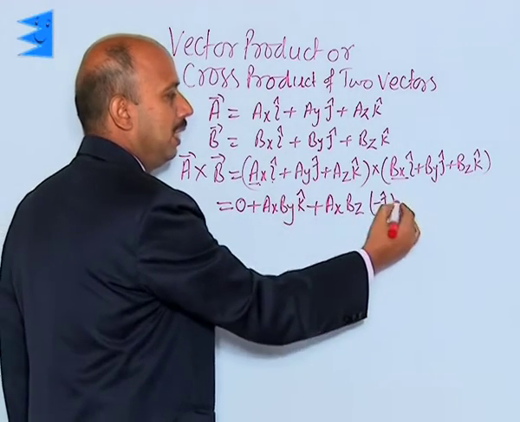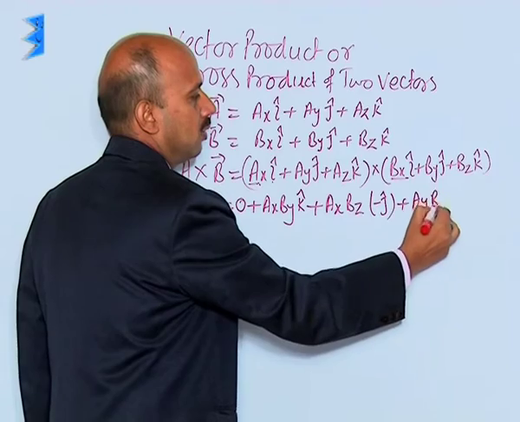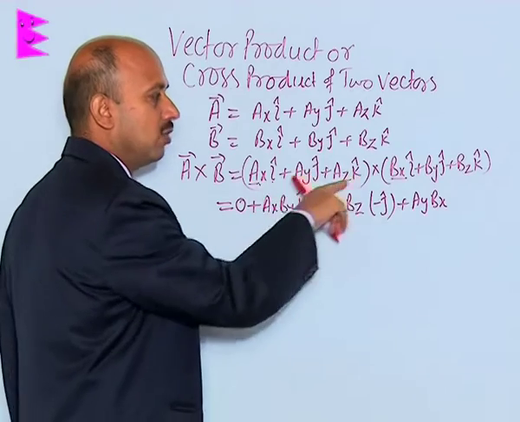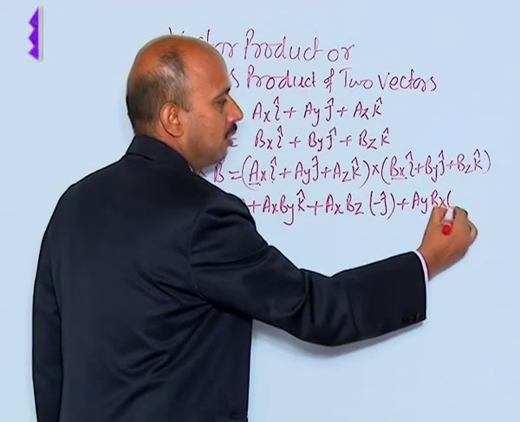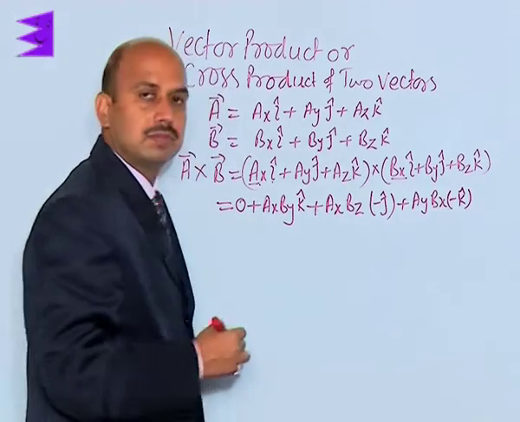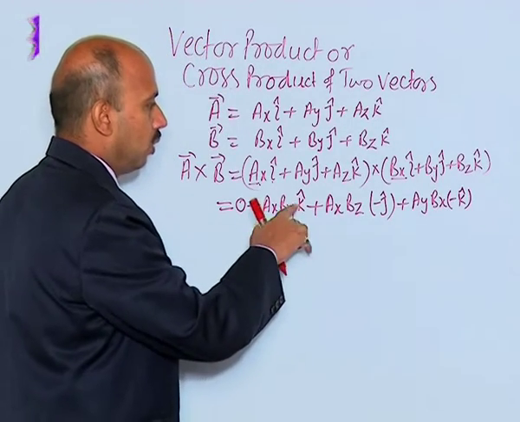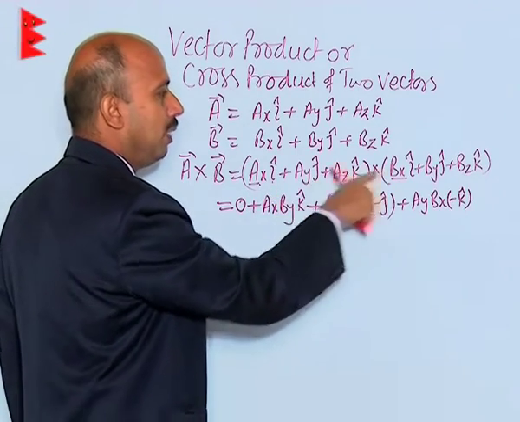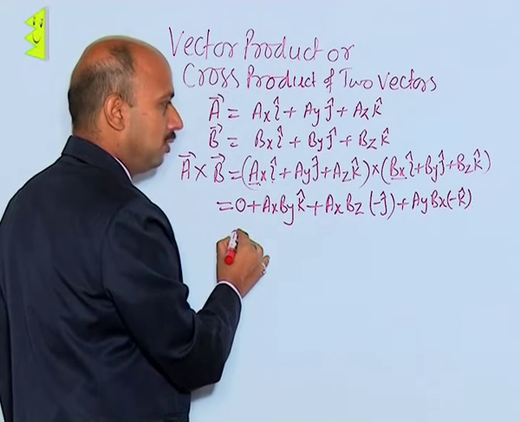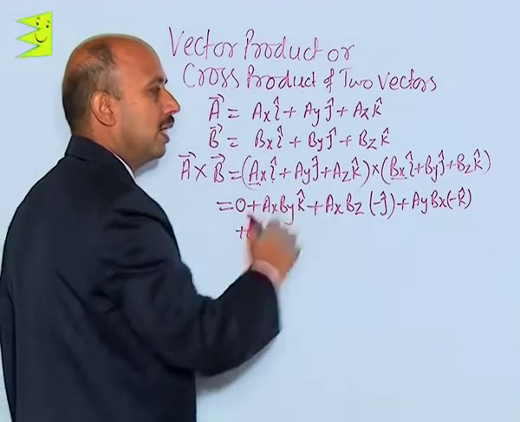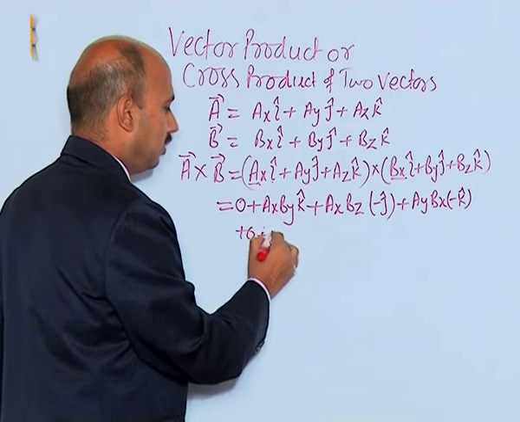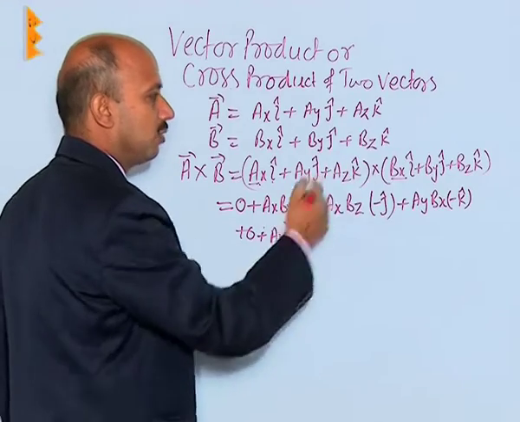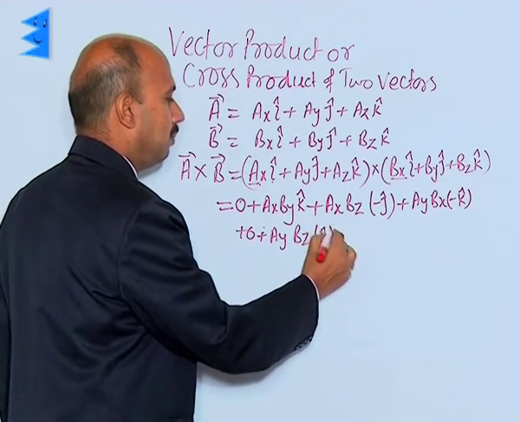Then AY BX, j cap and i cap. So j cross i is minus k cap. This is AY BX. Now AY BY, that will be 0 because j cap cross j cap is 0. Now plus AY BZ, j cross k is i cap.